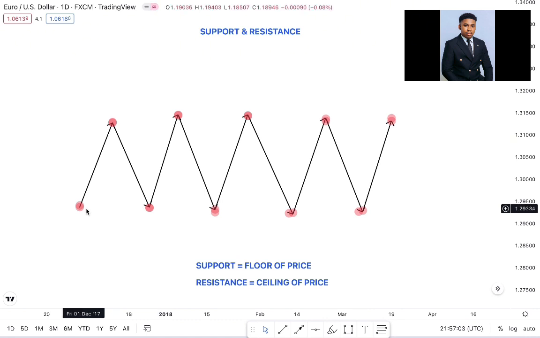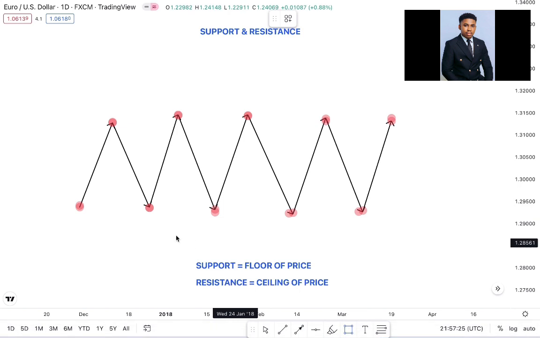So whenever price comes to this point in the market, it usually bounces to the upside and starts to buy. You can see that price comes to this point and it starts to buy. Why is that? That's because this is a floor for price, and that floor is called the support level. To denote the support level in technical analysis, we usually use a rectangle tool.